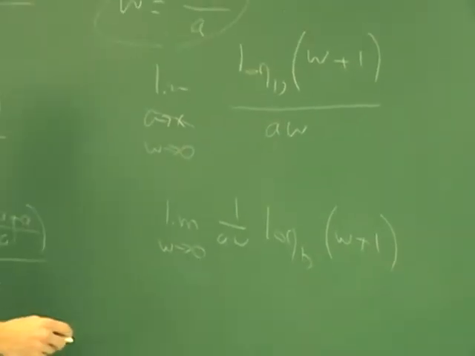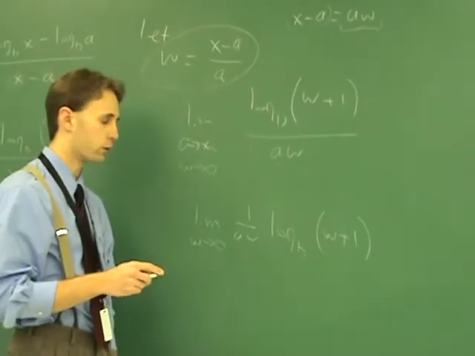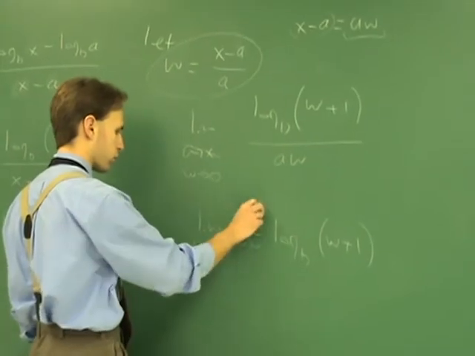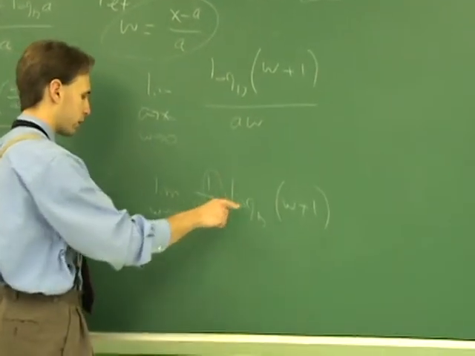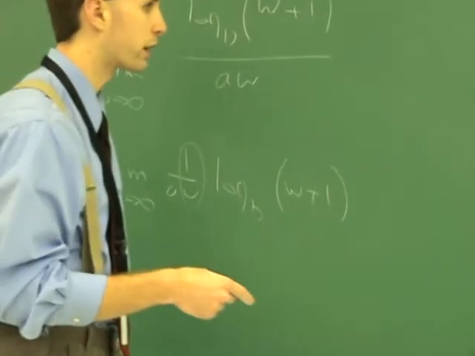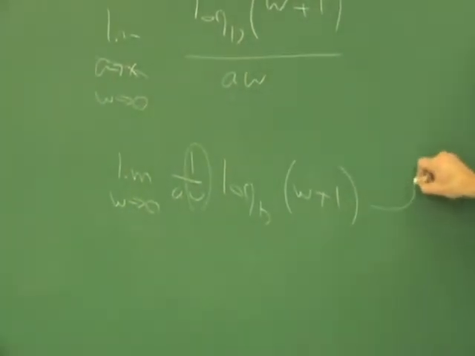Almost there. Now, we use properties of logarithms. I'm going to take this 1 over w, the coefficient, and bring it inside as an exponent. I'm going to leave the 1 over a out front.